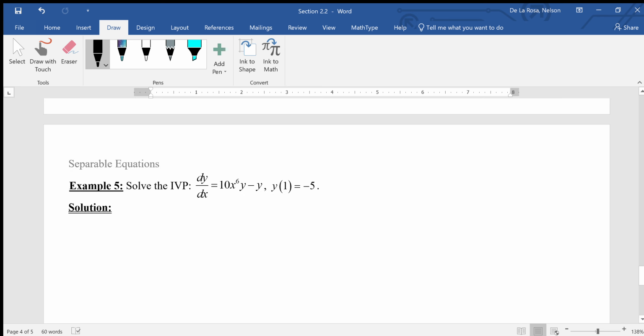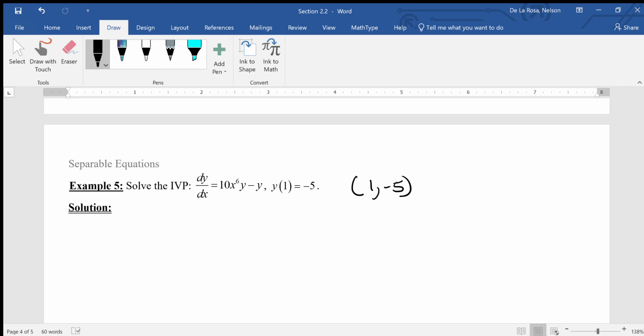Example 5. This is another initial value problem. And the only method we have seen so far is separable equations, the separable method, to solve differential equations. So this condition is equivalent to the point 1 comma negative 5. So can we separate?